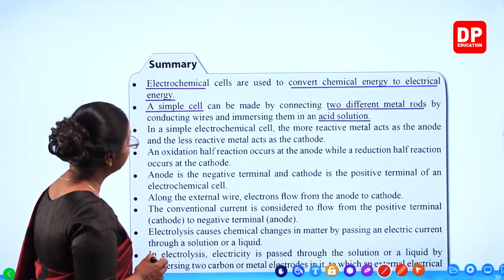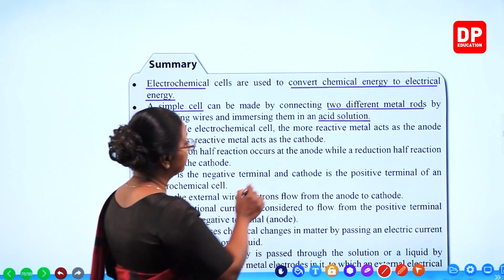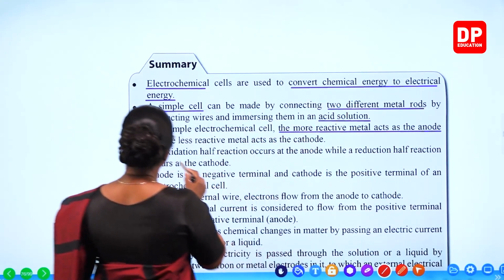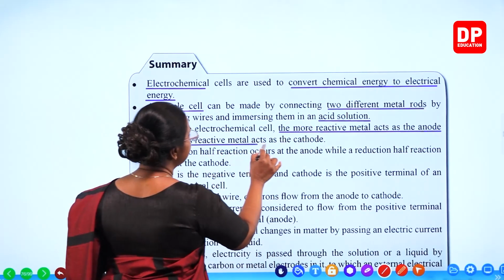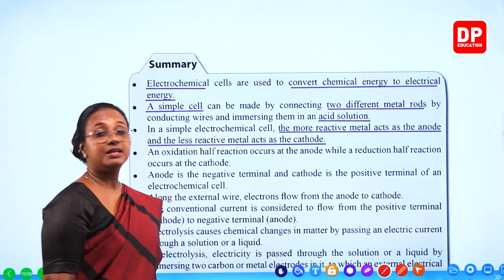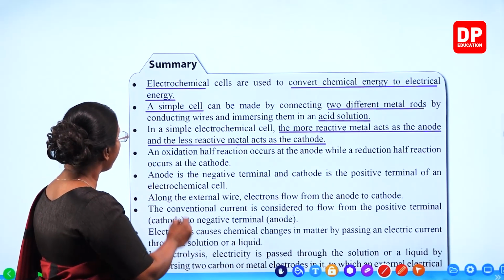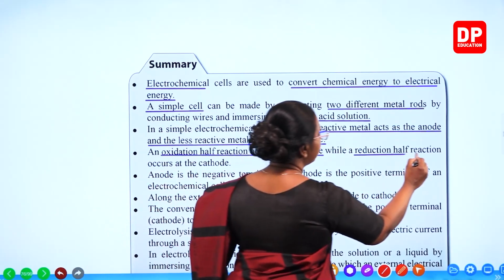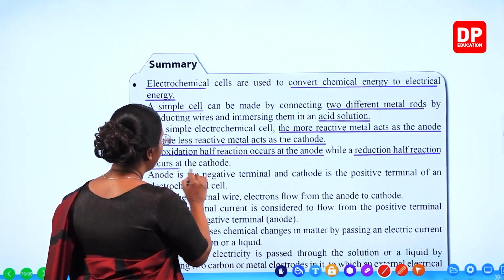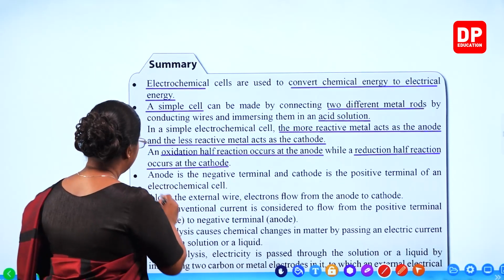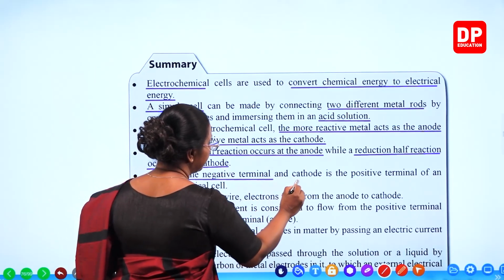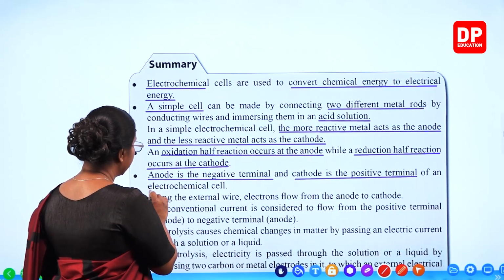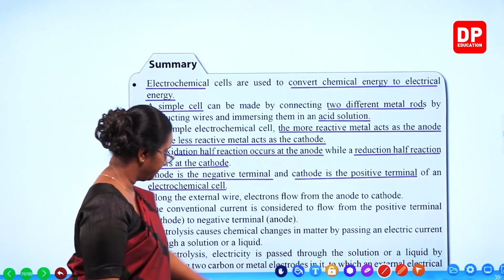In a simple electrochemical cell, the more reactive metal acts as the anode and the less reactive metal acts as the cathode. An oxidation half reaction occurs at the anode, while a reduction half reaction occurs at the cathode. The anode is the negative terminal and the cathode is the positive terminal of an electrochemical cell.